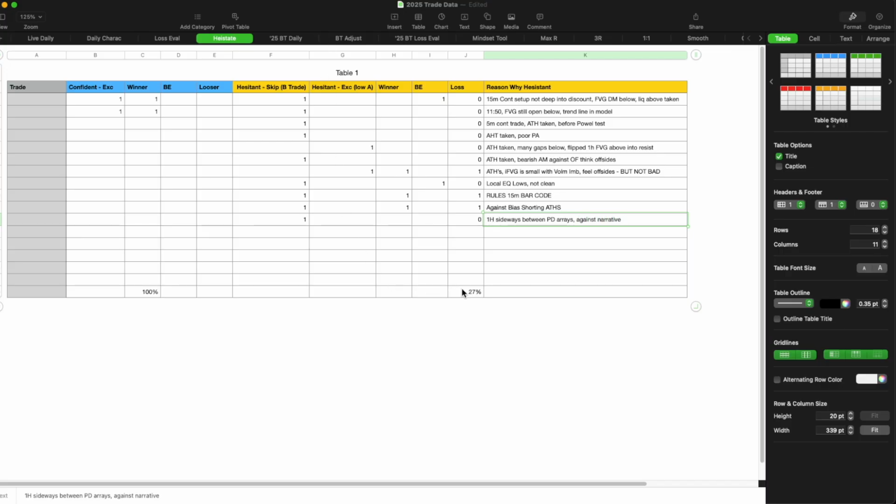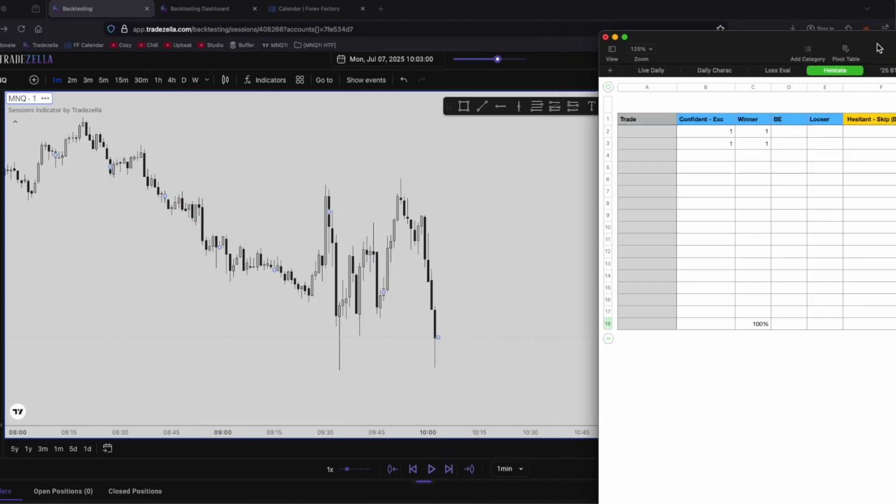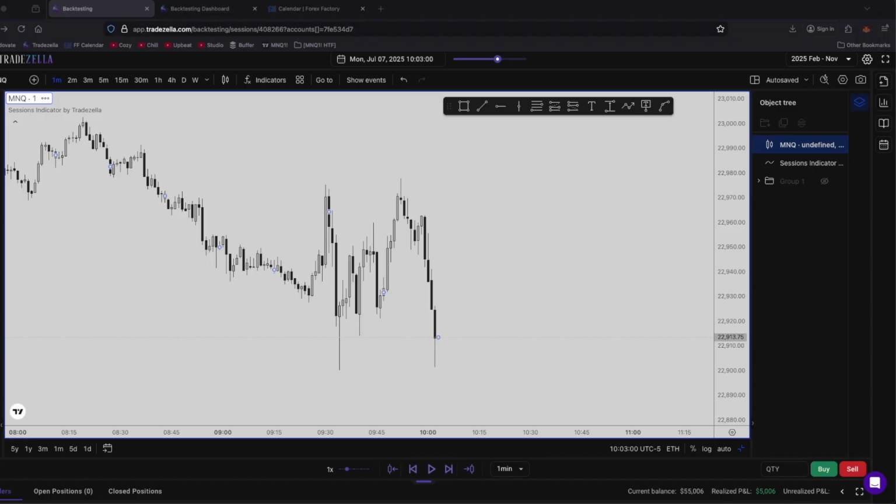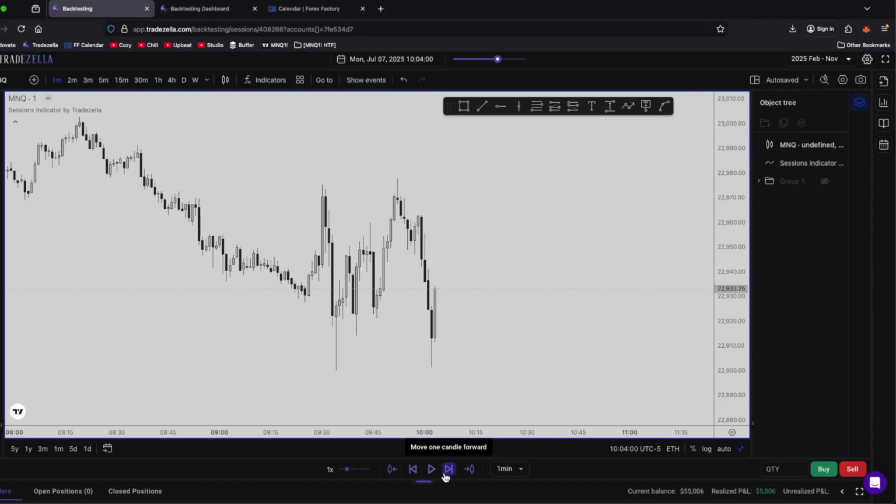We can see that there's a 27% chance of a trade I skip winning, which is pretty low, and that's telling me, and I'm not tracking any more my confident trades, although I guess I probably should for comparison's sake, but this is just looking at the trades I'm hesitant in skipping, making sure I'm not leaving opportunity on the table in a profitable way, and so far I'm not. Not that that can't change, that's a small set of data, and it can change.